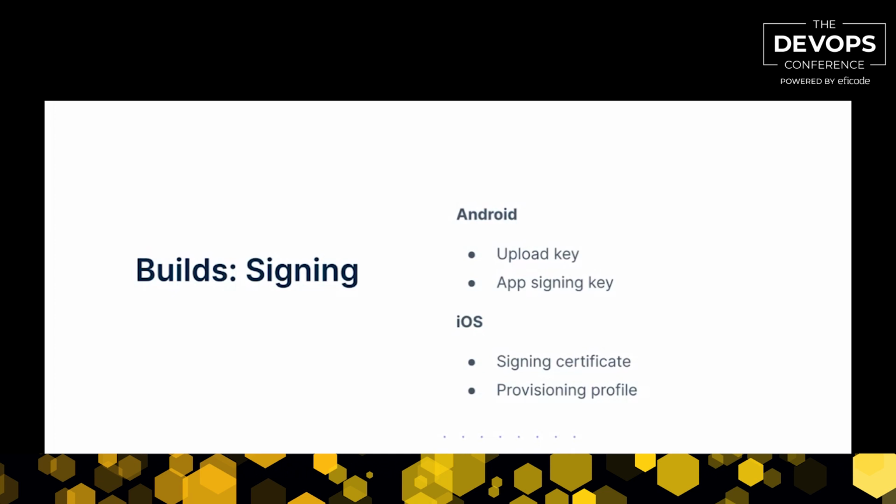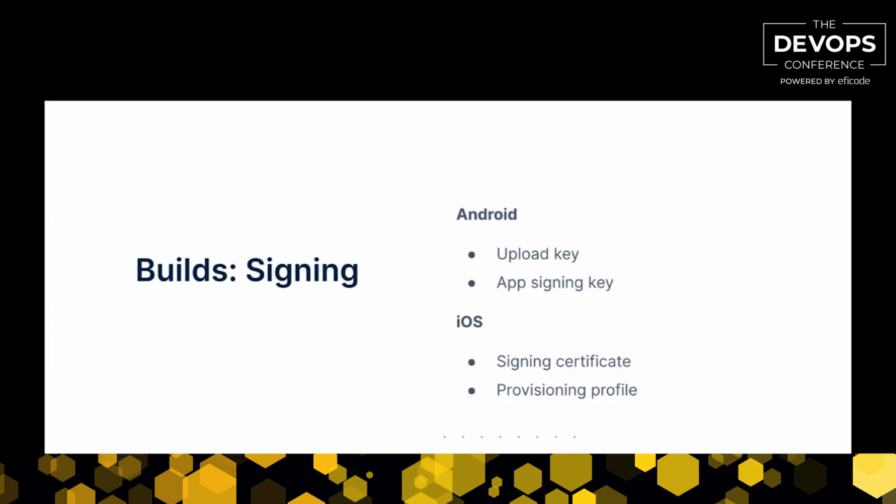So the naming is a little bit confusing there, but the upload key is generated on your local machine. You can either use Android Studio in order to generate a JKS or keystore file, or you can use a tool called keytool that comes built in with the Android SDK. But that's going to generate a file, and then you'll also need to note some passwords that you'll use, because that key is used during the process to generate the signed bundle for Android.